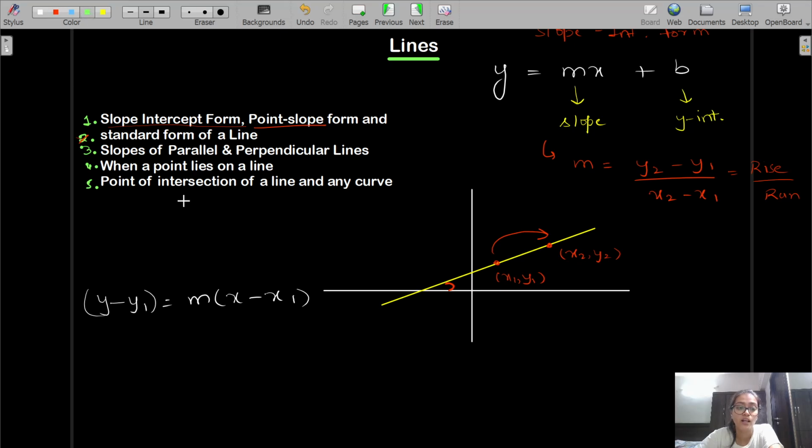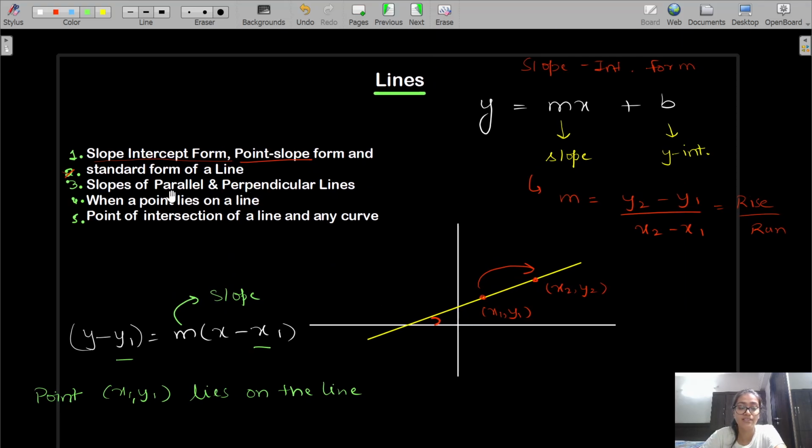Because here you know that one point x1 comma y1 lies on the line, and this m is the slope. So that's why this equation is called the point slope form.